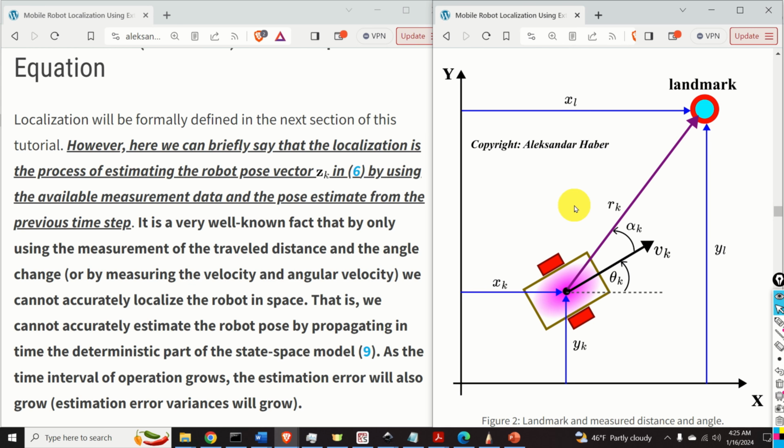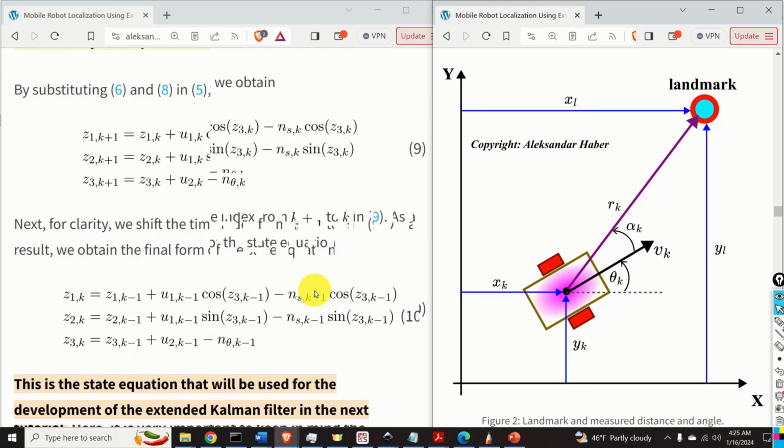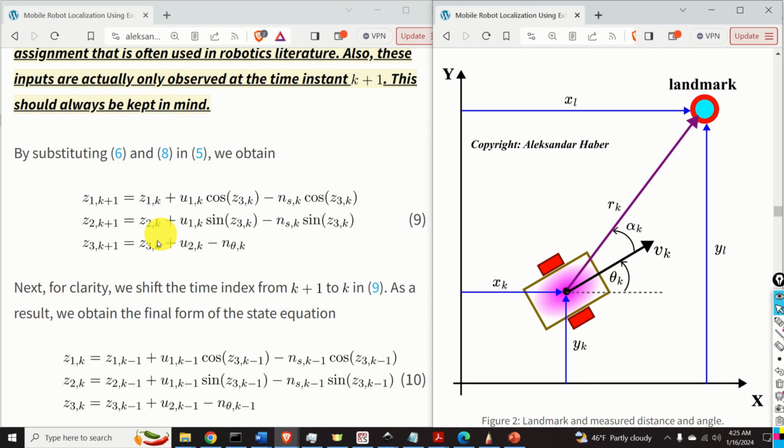That is, we cannot accurately estimate the robot pose by propagating in time the deterministic part of our kinematic state space model. That is, we cannot accurately localize our robot by only propagating this deterministic part of the state equation and by ignoring this noise.